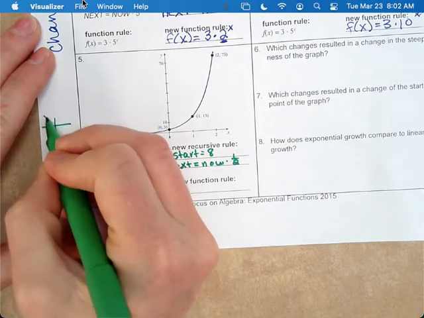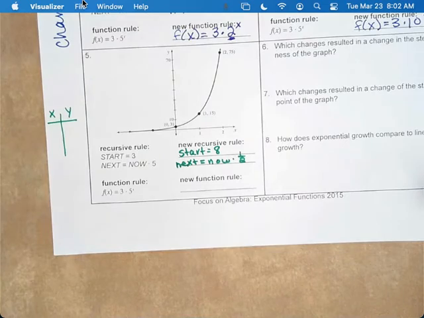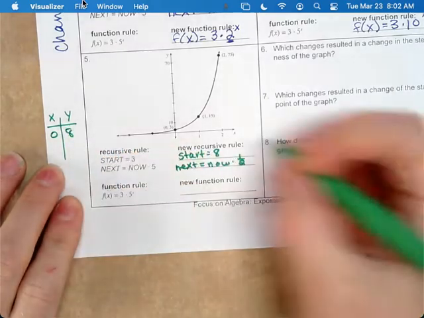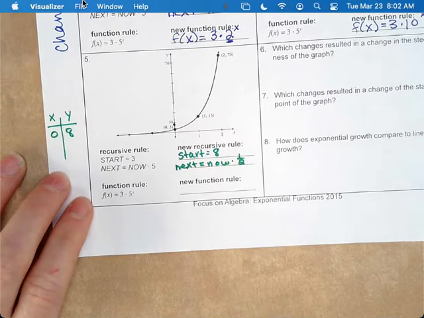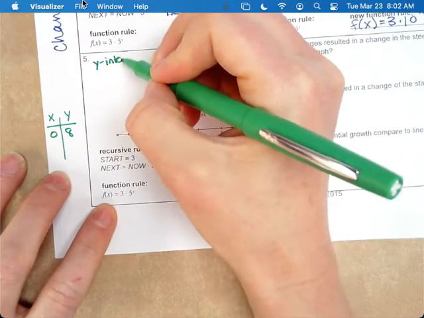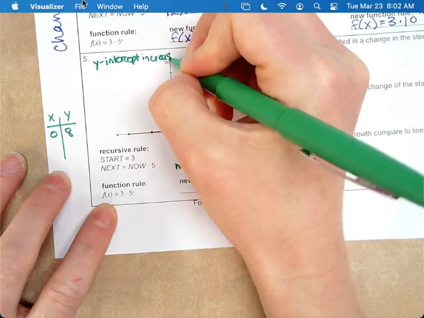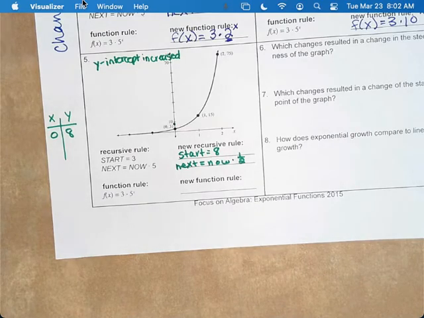So we can make a table of values. On this one, our start would be at 0, 8. I'm going to put the point there, 0, 8, right there. So the y-intercept was increased, but the rate changed.